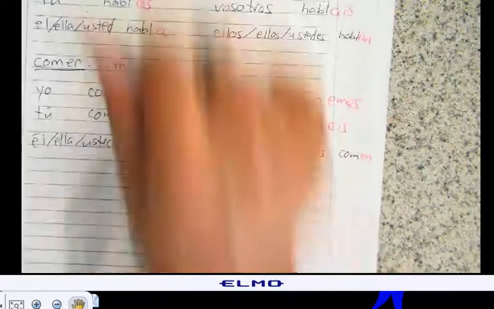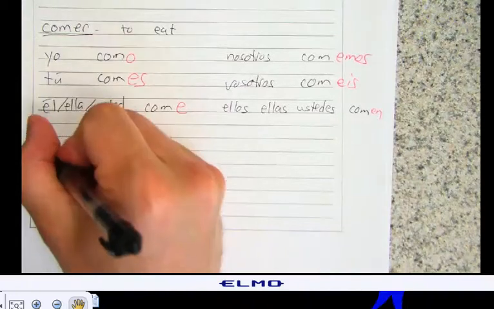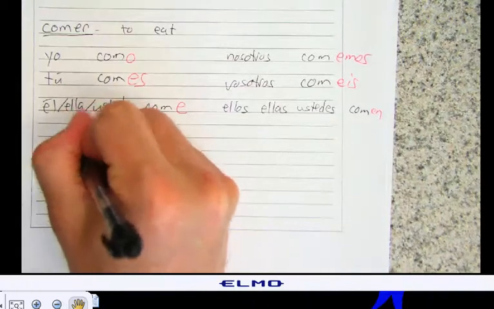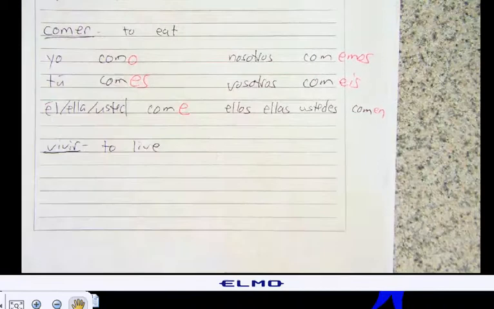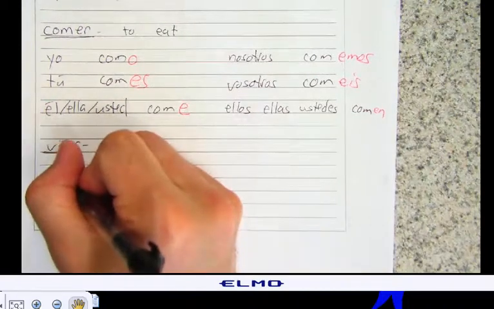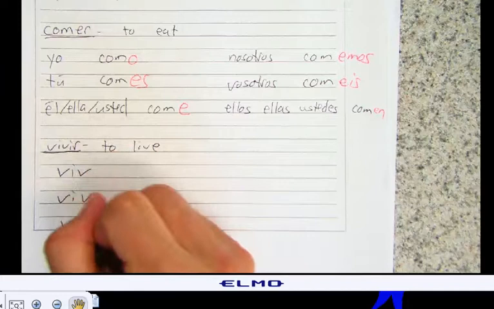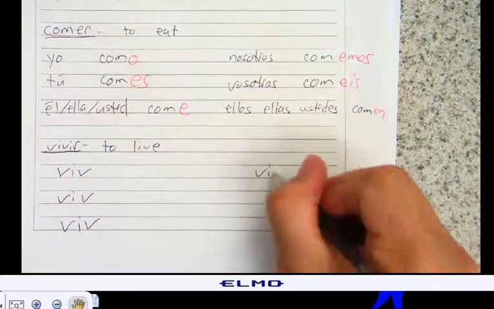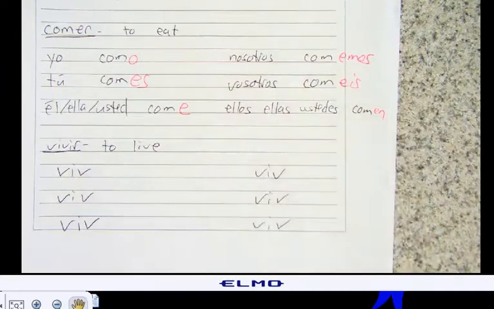One more quick group here, and we'll be done with our prior knowledge. You take the verb vivir, to live. To live, that's an IR verb. And what I would want to do here is get my conjugations. Step 1, drop off the ending, which is an IR. Step 2, add the appropriate ending.